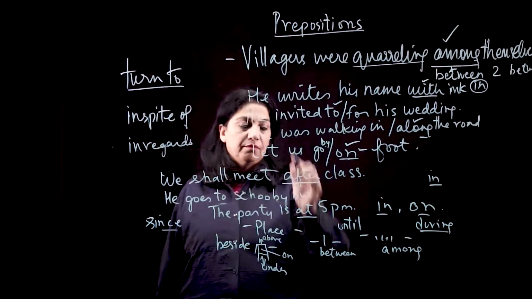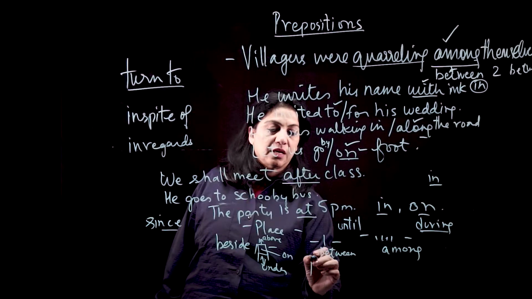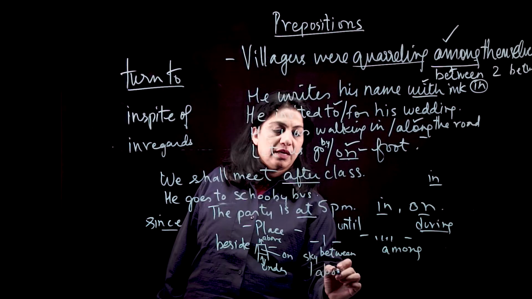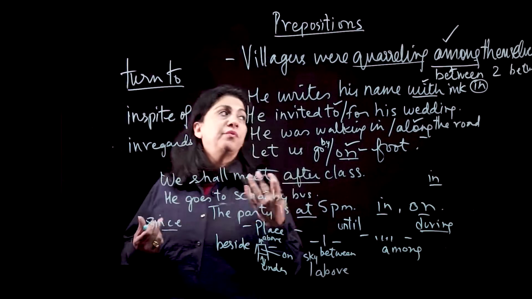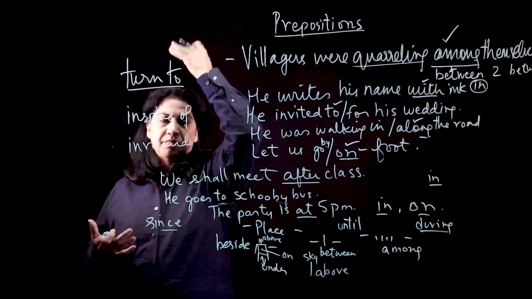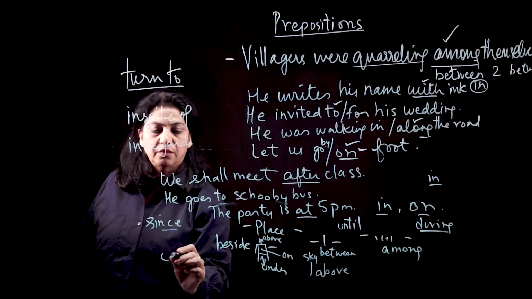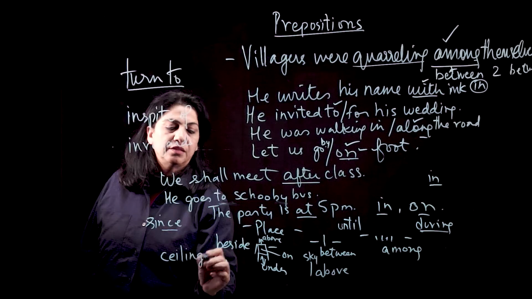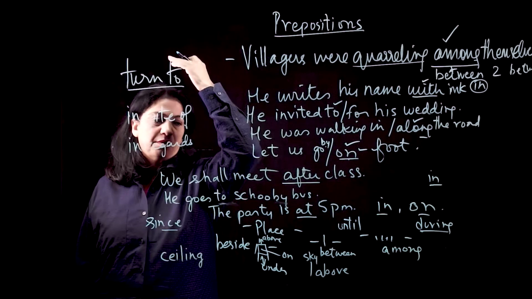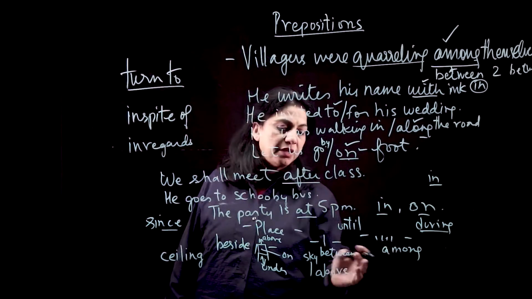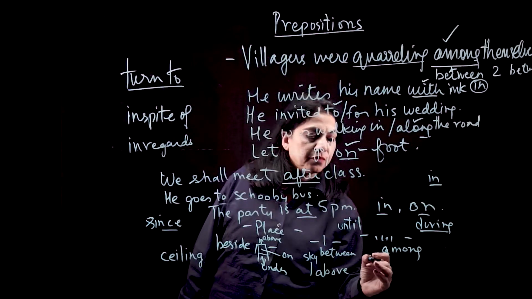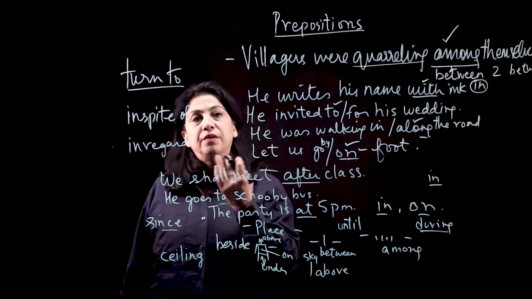What is above? Above you have the sky. The sky is above us. If I am in a room, what will be above me? The ceiling will be above me. But if you're outside, you'll have the sky above you. So the birds fly above in the sky.